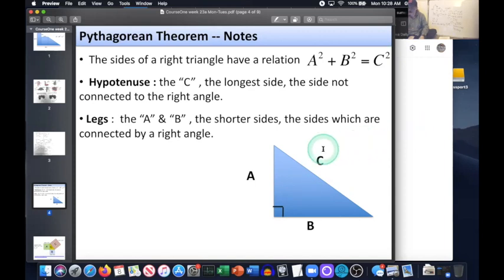So being able to know the relationship of the three sides of a right triangle became important, and that's what this formula means. This formula is always true if you have a right triangle. The relationship of the three sides is always c squared, the largest side, the hypotenuse, is equal to the sum of the squares of the legs.